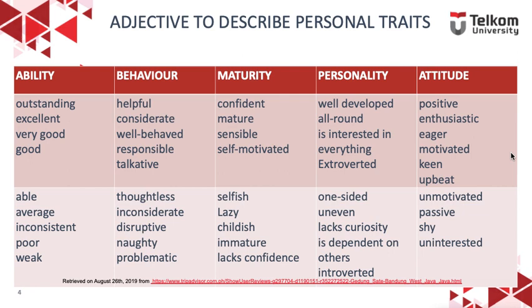Maturity, the examples are confident, mature, sensible, self-motivated. Personality, the examples are well-developed, all-round, is interested in everything, extroverted, and etc. And for the attitude, you could use positive, enthusiastic, eager, motivated, keen, or upbeat, and etc.